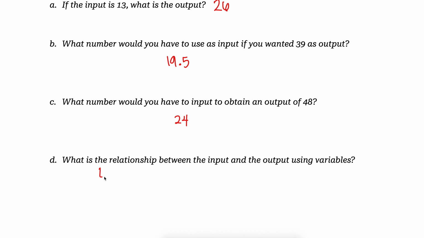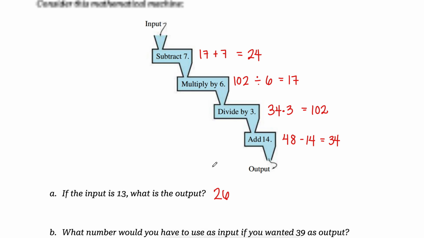I'm going to let n equal the input, and I'm going to let p equal my output. So to find my output, let's walk through the process. It's the input minus 7, then times 6, divided by 3, and finally we're going to add 14.